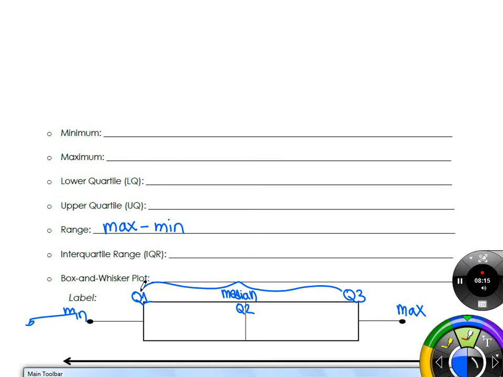So the entire range of the data, maximum minus minimum, says, oh, this data spans 50 units or something, okay? The interquartile range, you would take the third quartile and subtract the first quartile. Okay, it's ignoring the outer 25% and just focusing on the middle 50% of the data.